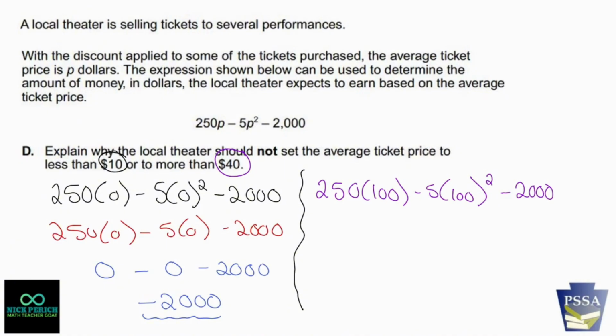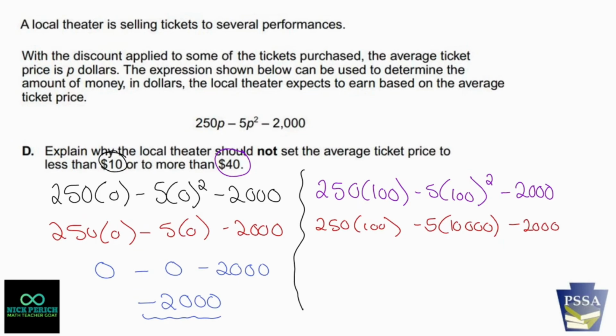Order of operations says do exponents, so that's 100 squared. 100 times 100 is 10,000. Bring down the 5, bring down the minus: 250 times 100 minus 5 times 10,000 minus 2,000.